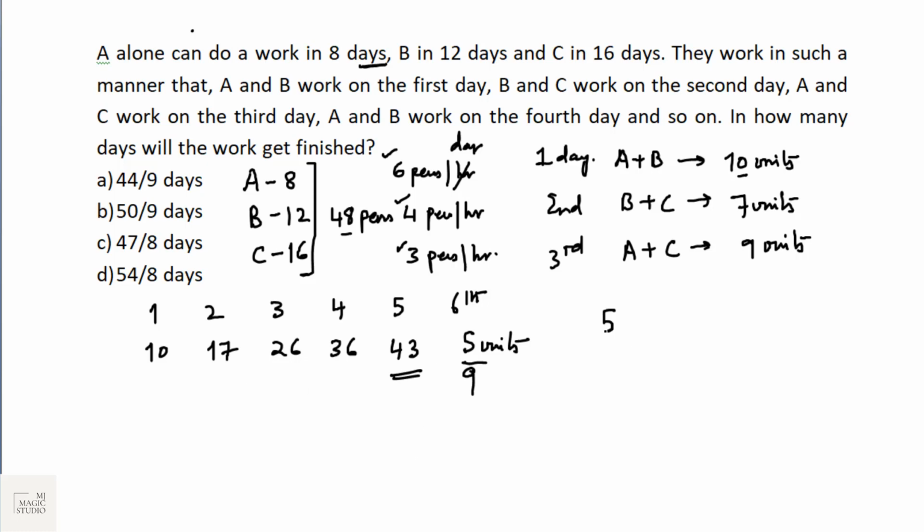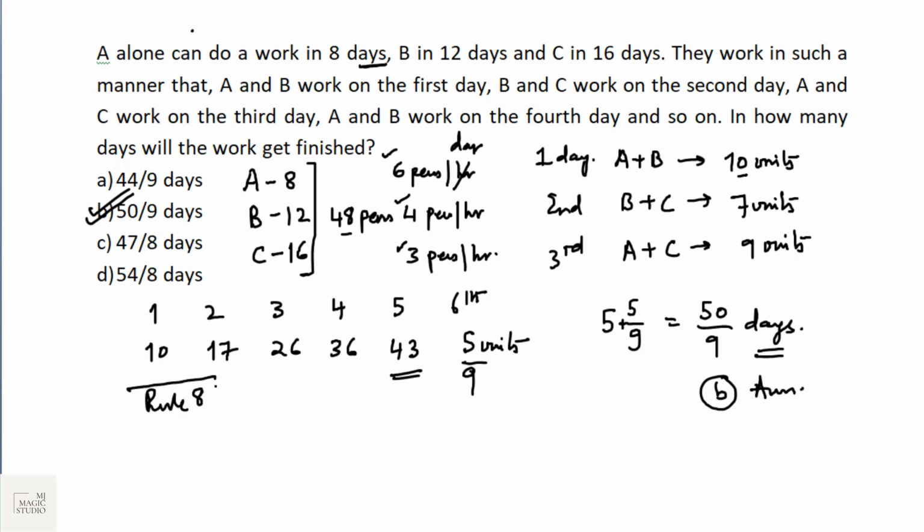So total time taken would be 5 days and 5 by 9th of the next day. 5 plus 5 by 9 days. This is also what you can say: 9 into 5 is 45 plus 5 is 50. 50 by 9 days they will require to complete the work. Option B fits in. Go through Rule 8 from our rule book, the CM rule.